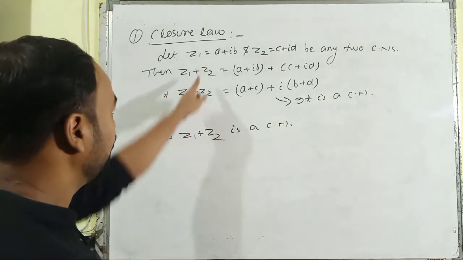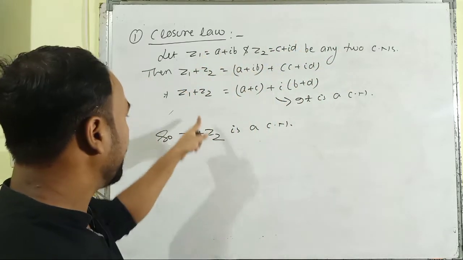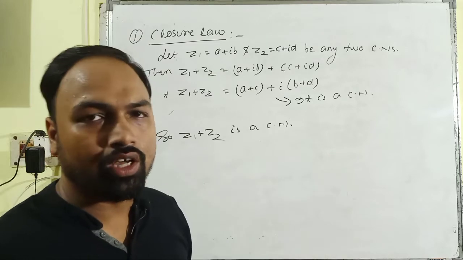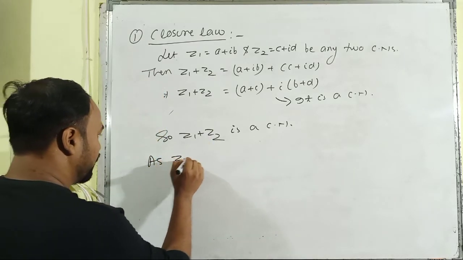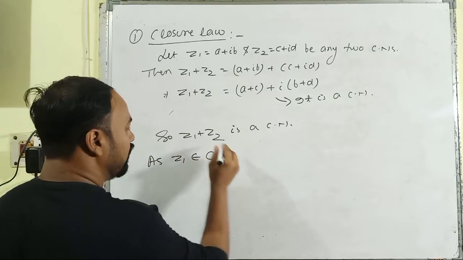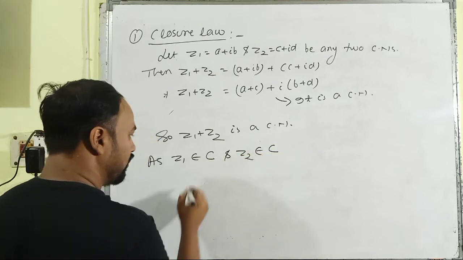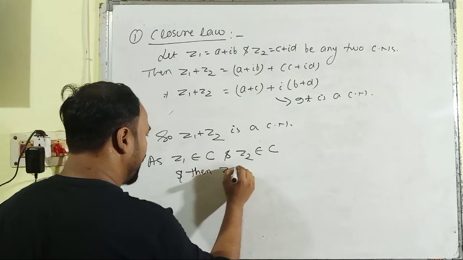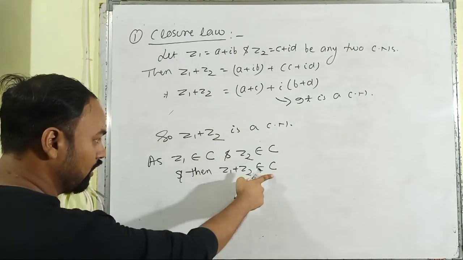We have taken Z1 is a complex number, Z2 is a complex number. Again, Z1 plus Z2 is a complex number. That means the closure law is satisfied here, as Z1 belongs to C, that means the set of complex numbers, and Z2 belongs to C, and then Z1 plus Z2 belongs to C, the set of complex numbers.